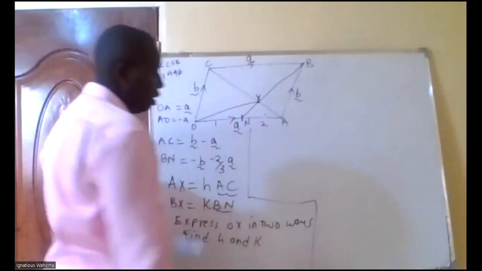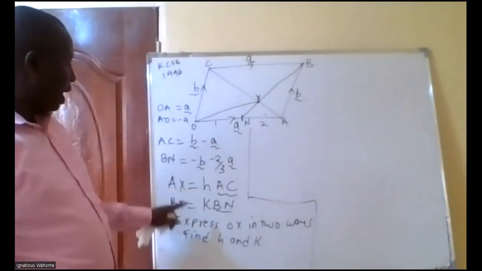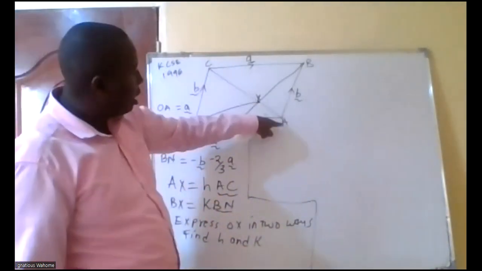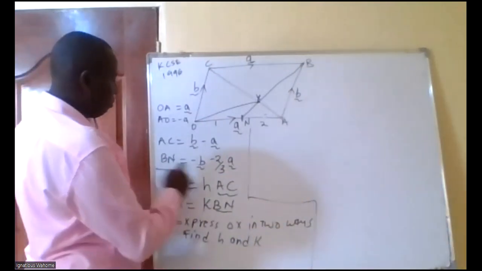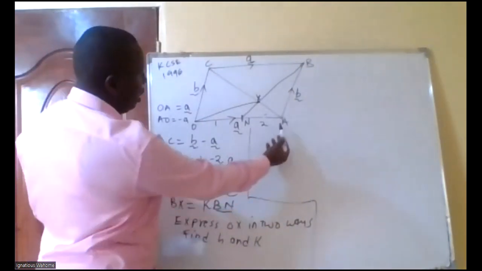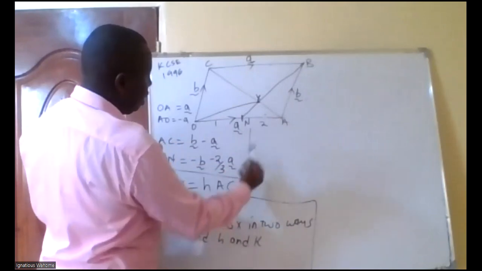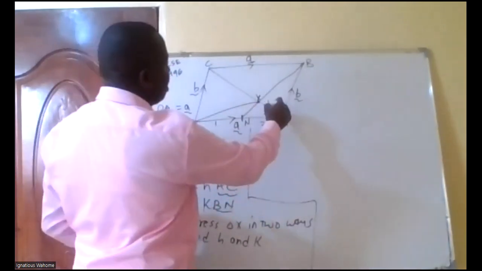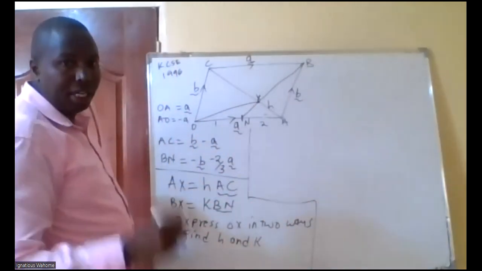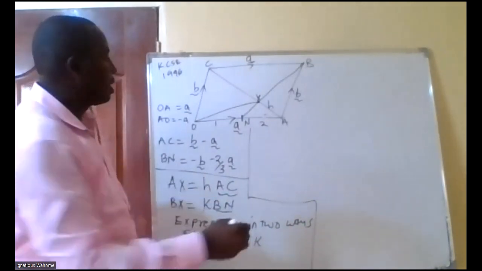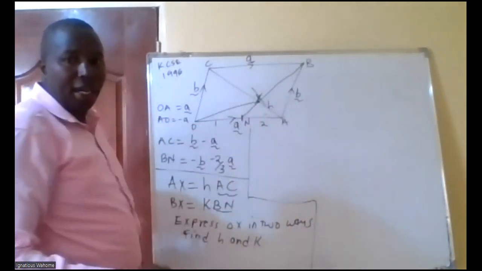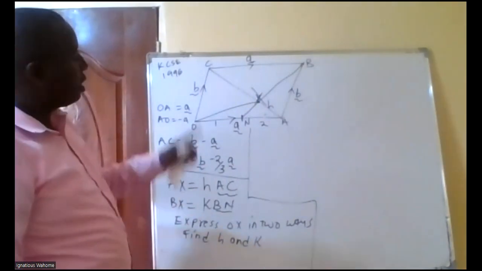That's part B. We are told AX, from A to X, is equal to h AC. So this h means AX is a fraction of AC.